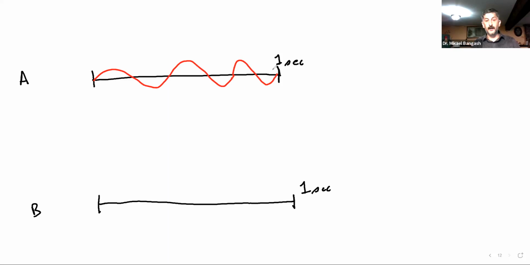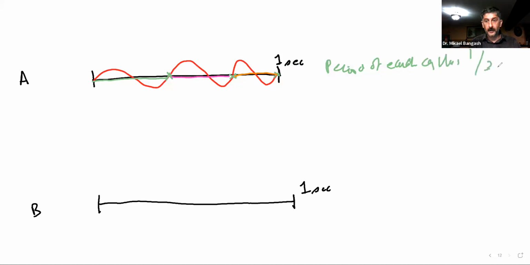That will mean that the period of each of these cycles here is going to be 1/3 of a second.